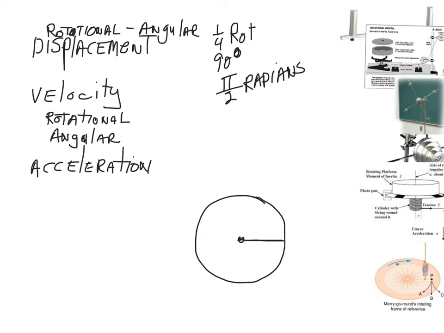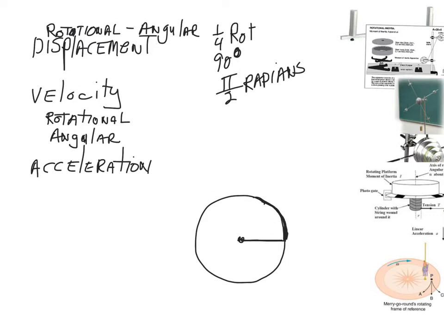But another commonly used natural unit for measuring angles is to take the radius of the circle and wrap it around the edge of the circle. So if, say, this radius is 10 centimeters, then I draw an arc length. This is called an arc length, an arc along the circle.